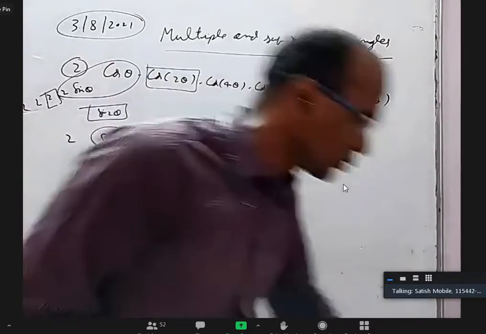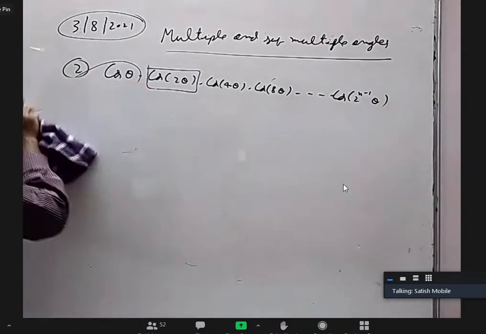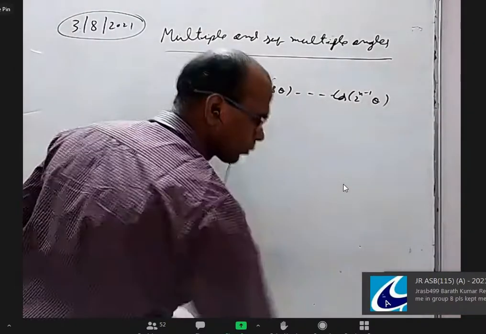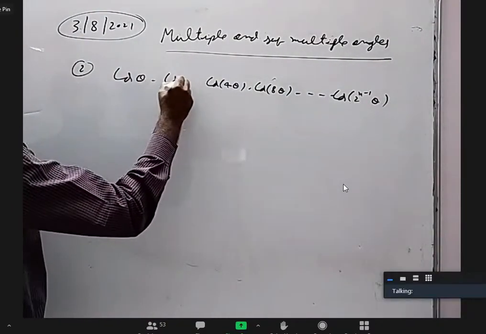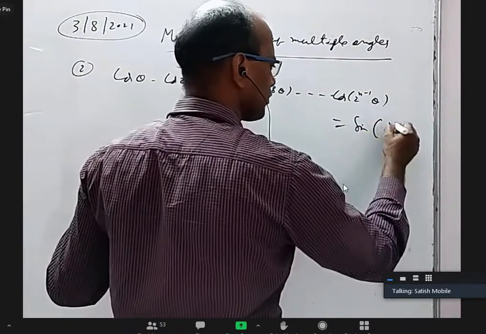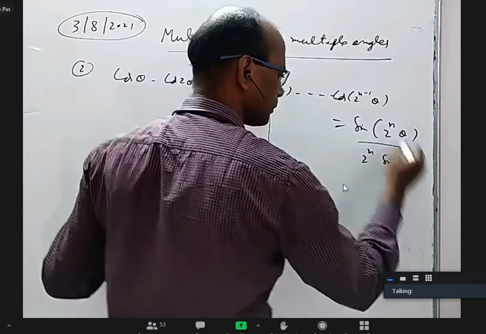So you'll be repeatedly using the sin 2 theta formula. So finally, what is the answer you will get? It is sin of 2 power n theta by 2 power n sin theta.